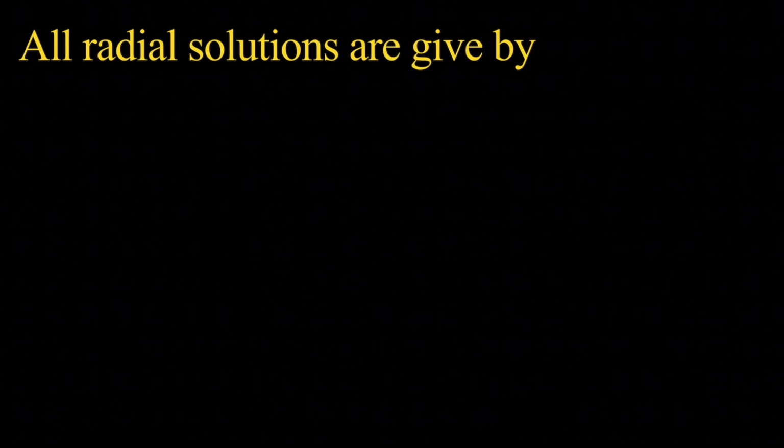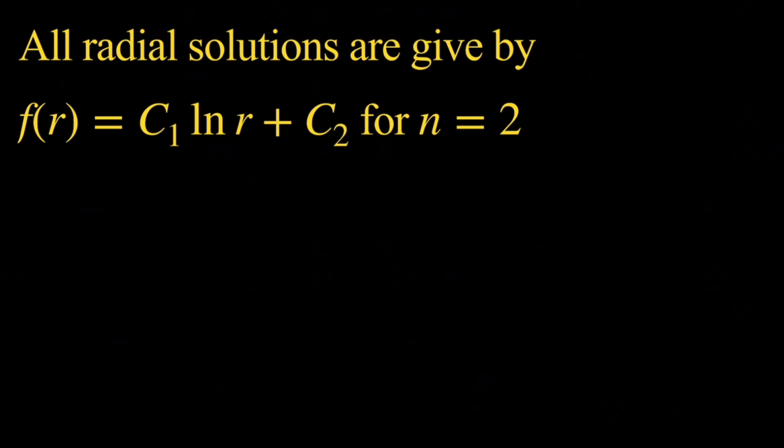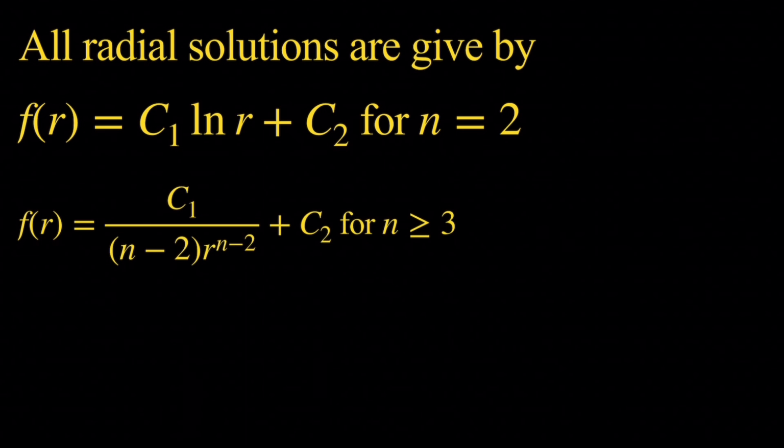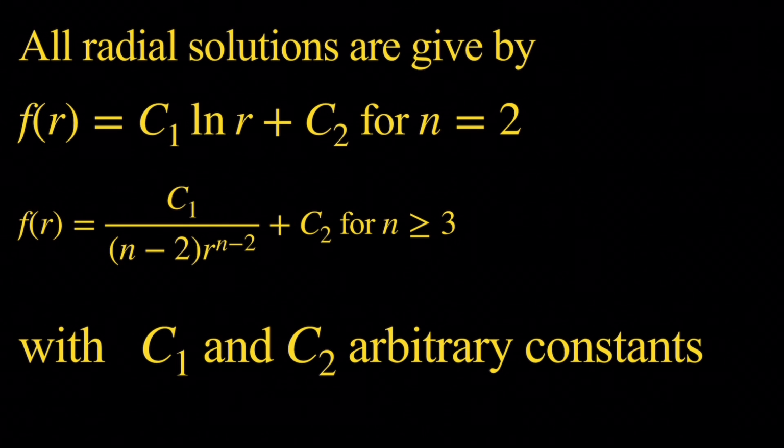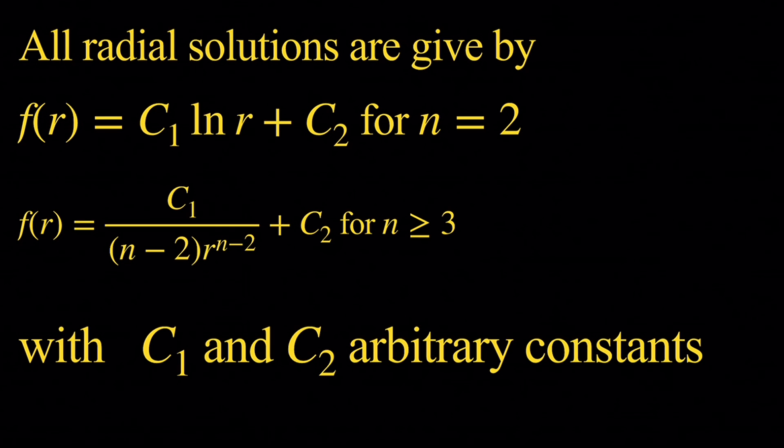So by combining the constant solutions and the non-constant solutions together, we're going to get that f of r is equal to c1 times ln of r plus c2 if n, the dimension, is equal to 2, and f of r is equal to c1 over n minus 2 times r to the n minus 2 plus c2 for n greater than or equal to 3, and c1 and c2 are arbitrary constants. This is the end of the video.